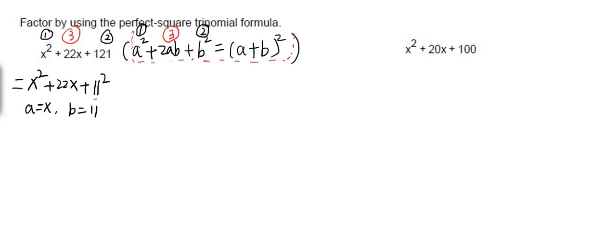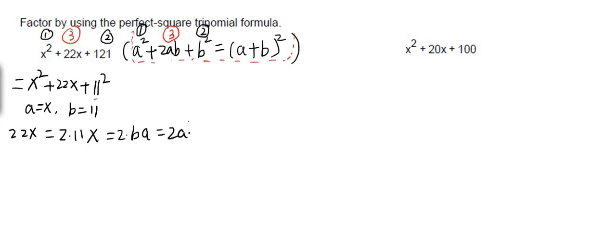Now we're going to go to the third term, which should be written down as 2ab. Now let's take a look. 22x, we can factor the 22, divided by 2, so we have 2, and the remaining part is 11x. So 11 is exactly b, and x is a.